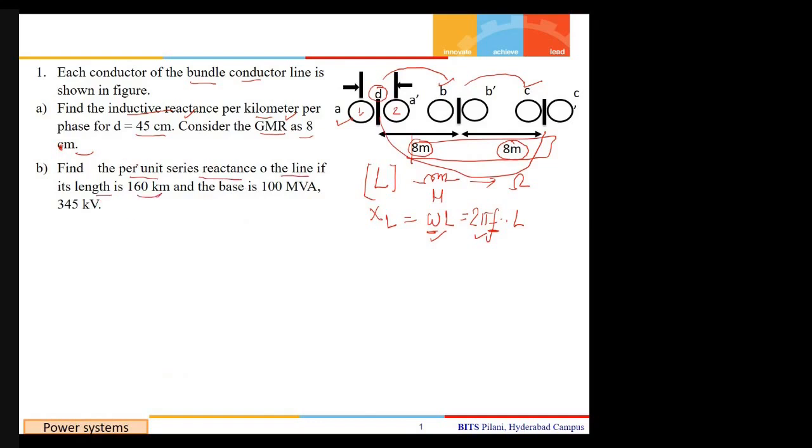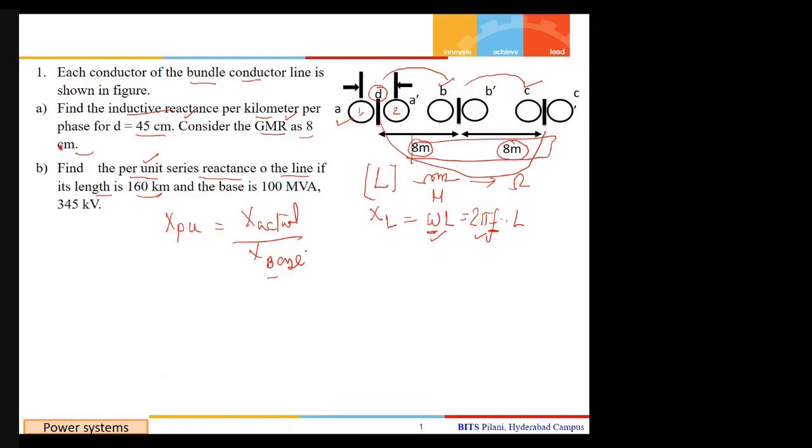Now here you need to calculate in the per unit system. What is the per unit system? If I need to calculate the per unit value of a quantity, it is the actual value of that quantity divided by the base value of the quantity. Suppose for a power system network, many devices are connected. It can be a transformer, transmission line, or generators.